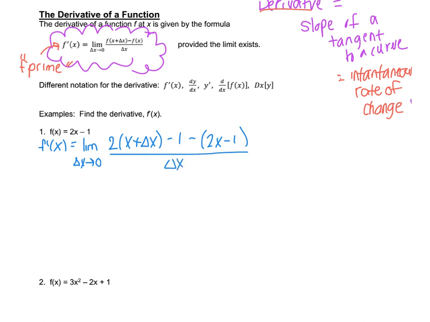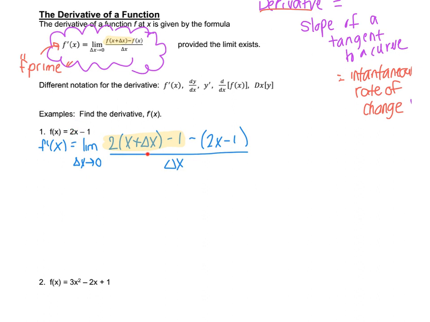all over delta x. Okay, so if you're concerned about where some of these came from, I'll use this highlighter here to help show you. Okay, f of x plus delta x is this. That's where I took the expression x plus delta x and plugged it in to my function.